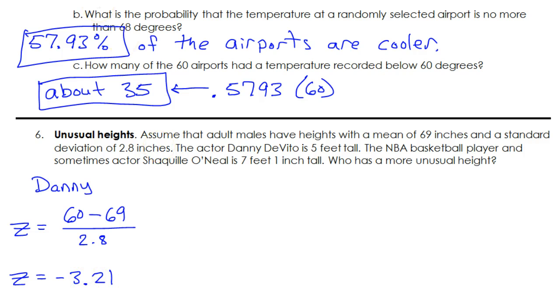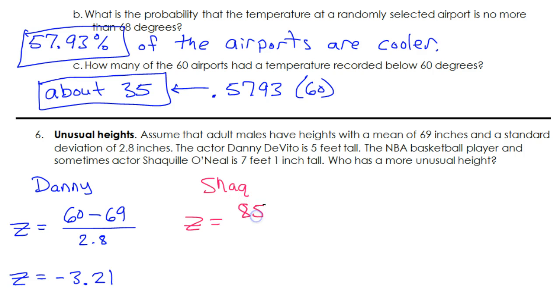Now, let's look at Shaquille. We'll call him Shaq because we're such good friends. So his z-score is going to come from 7 feet 1 inch. 7 times 12 is 84. 1 more inch is 85.